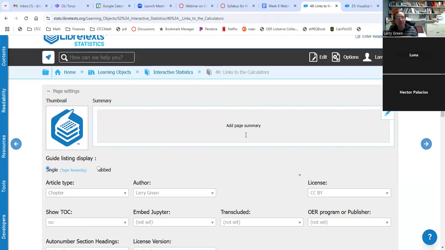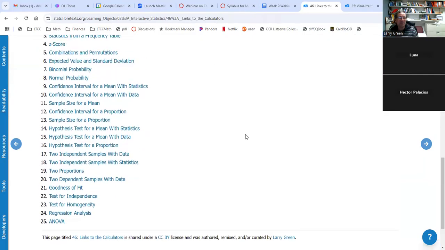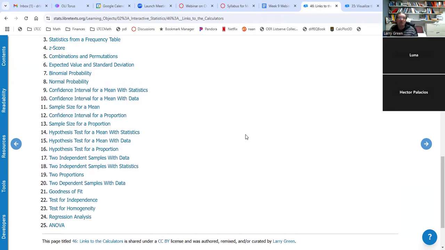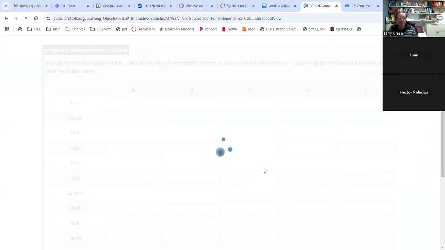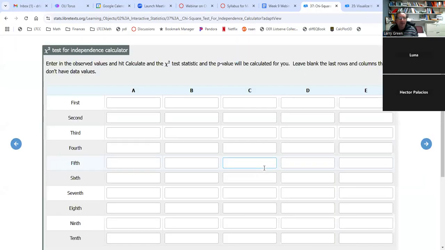And again, we're towards the end of the class, so you've got to scroll down. And which calculator number? I tried to make it obvious. Yeah, number 22, which is test for independence. And what this does is it allows you to type in a table.